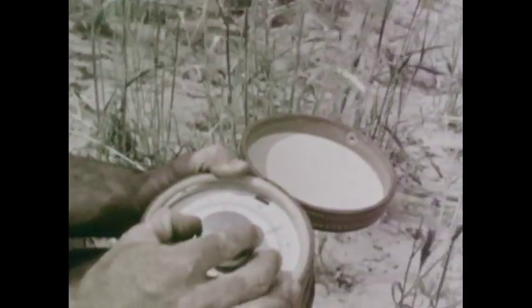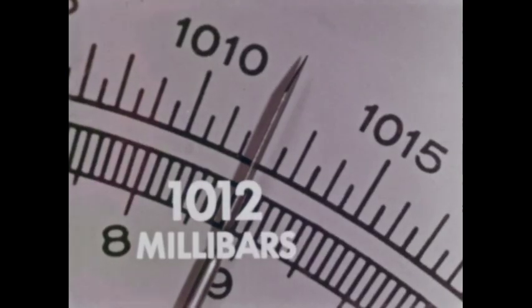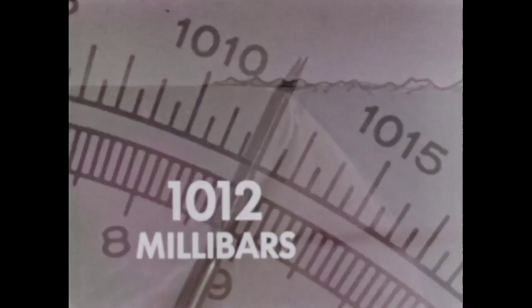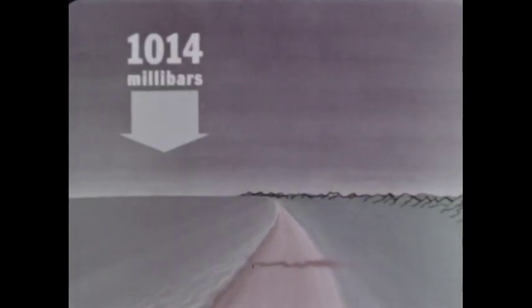And 20 miles inland, at the same moment, the sea level air pressure is 1,012 millibars. So, as we might have expected, the wind is blowing from a region of higher pressure to a region of lower pressure.